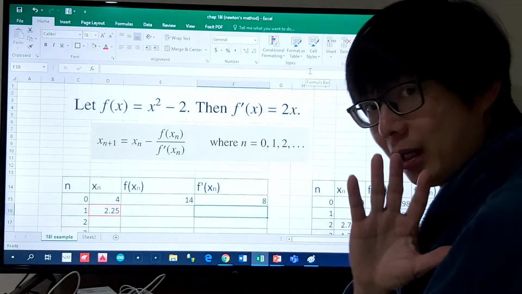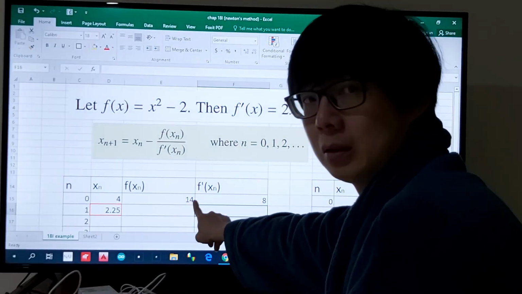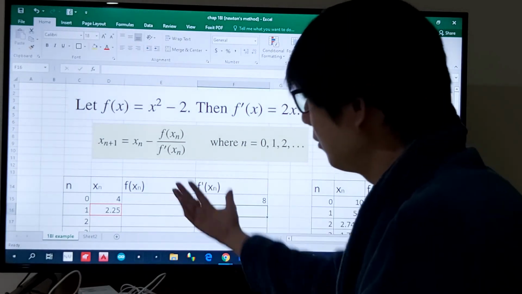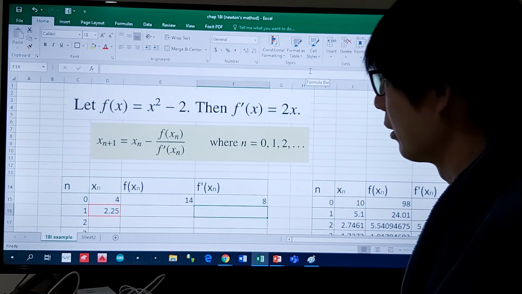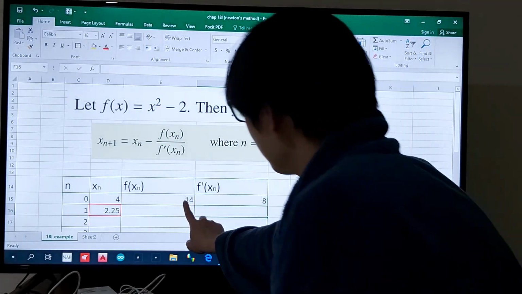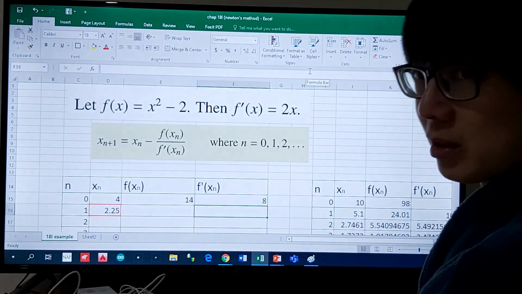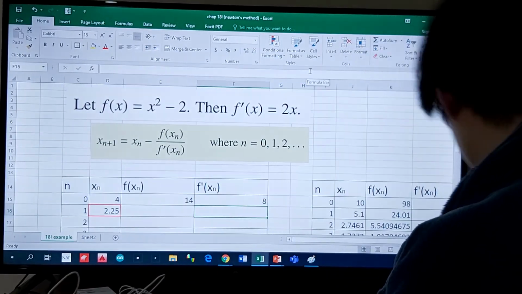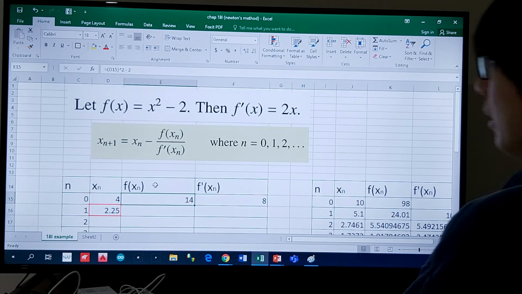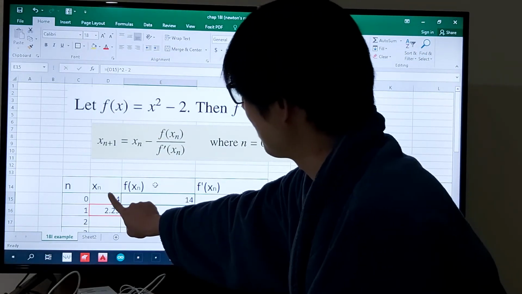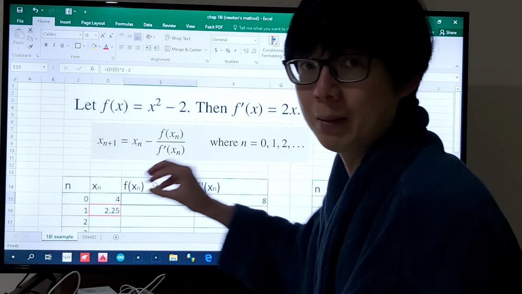But you are not allowed to key in 14. If you key in 14, then you can't use the computer anymore. You have to key in the formula to help you calculate. So instead of keying 14, you let the computer calculate for you. So what is the function to get 14? You don't key the number, you key in the position.